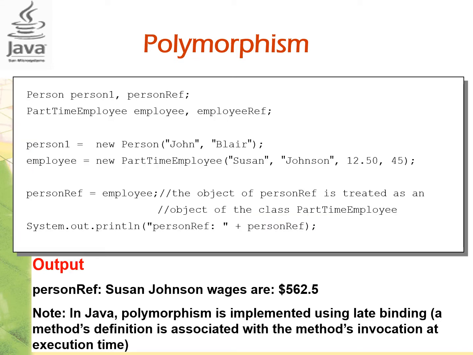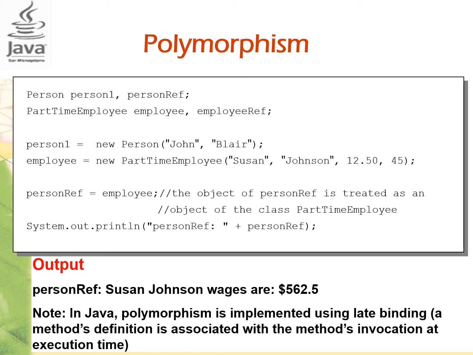There's another example where variables are defined: person1, personRef, and then PartTimeEmployee, which I assume is the subclass of Person. There are two variables, employee and employeeRef.